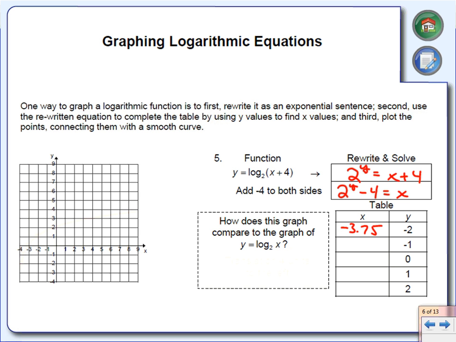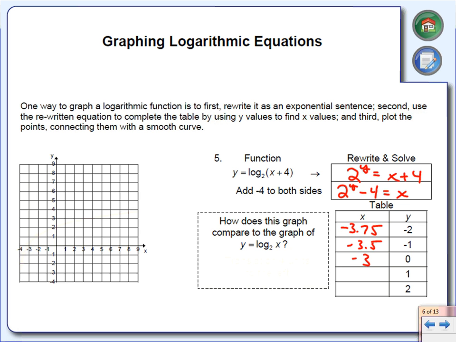Now I want to know what is 2 to the negative 1 power minus 4. Put that in your calculator. 2 to the negative 1 power minus 4 is negative 3.5. Now I want to know what is 2 to the 0 power minus 4. 2 to the 0 power minus 4 should be a negative 3.